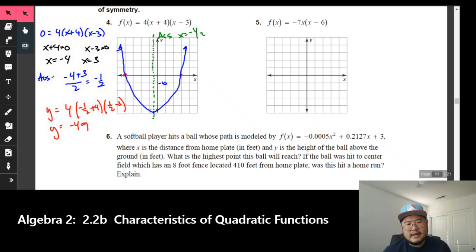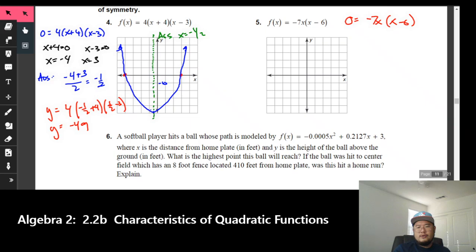Okay, taking a look next up at number 5. Number 5 looks a little different because I only have one binomial, but I still have two intercepts. Remember, if I want to find the x-intercepts, we set y, or f of x, to 0. I've got negative 7x, and then x minus 6.